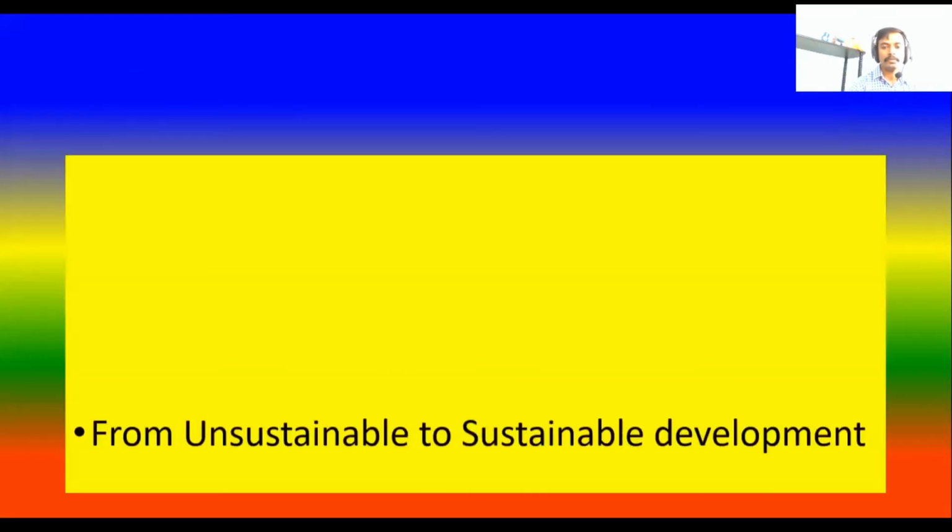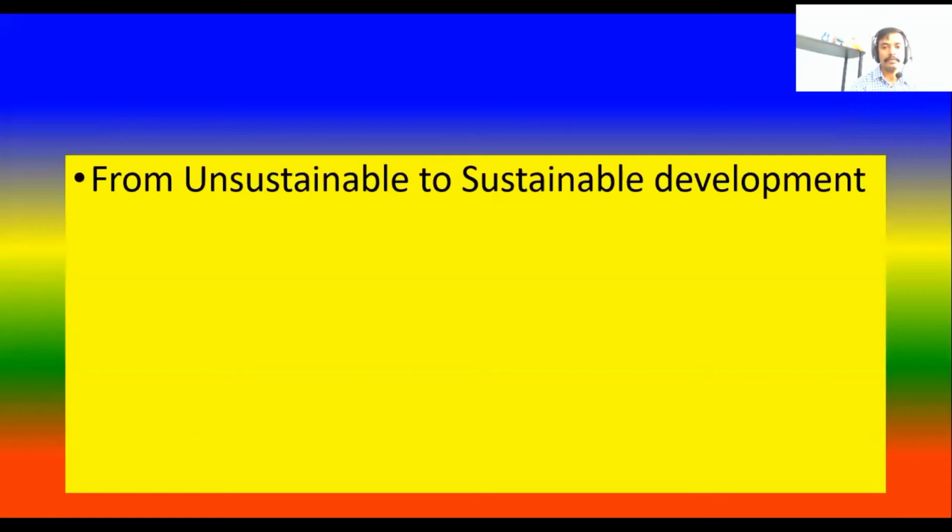So this is an interesting unit. The reason is that we can learn what the real social issues due to the environment are. First, the learning objectives. In this unit we are going to learn about moving from unsustainable to sustainable.